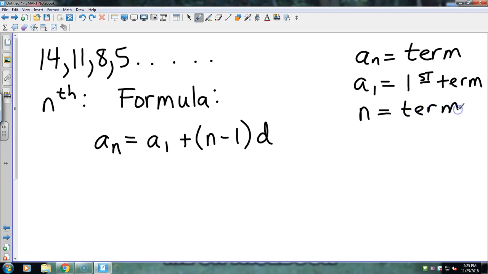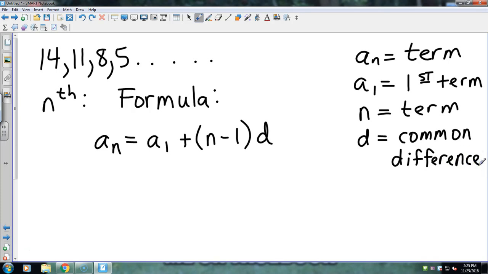In a second, we're going to find the 50th term, so we'll put 50 in for that. The minus 1 just stays the minus 1. And the d is the common difference. It could be a positive or a negative number. In this case, the numbers are getting smaller, so that will be a subtraction.